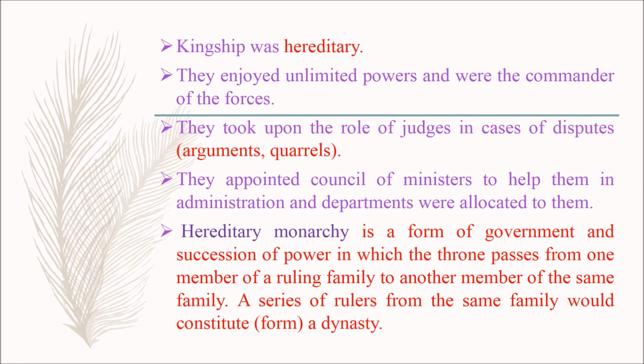They enjoyed unlimited powers and were the commander of the forces. They took upon the role of judges in cases of disputes. Here, disputes means arguments or quarrels. They appointed council of ministers to help them in administration, and departments were allocated to them.